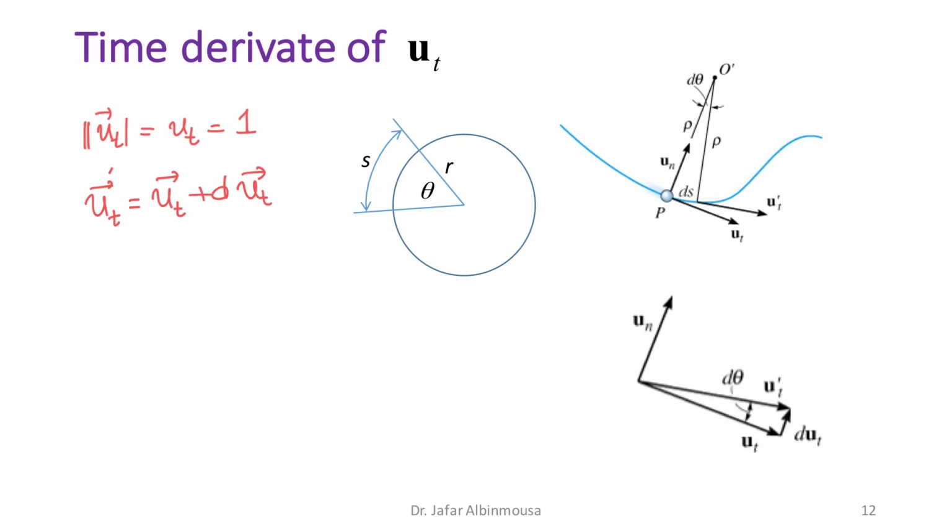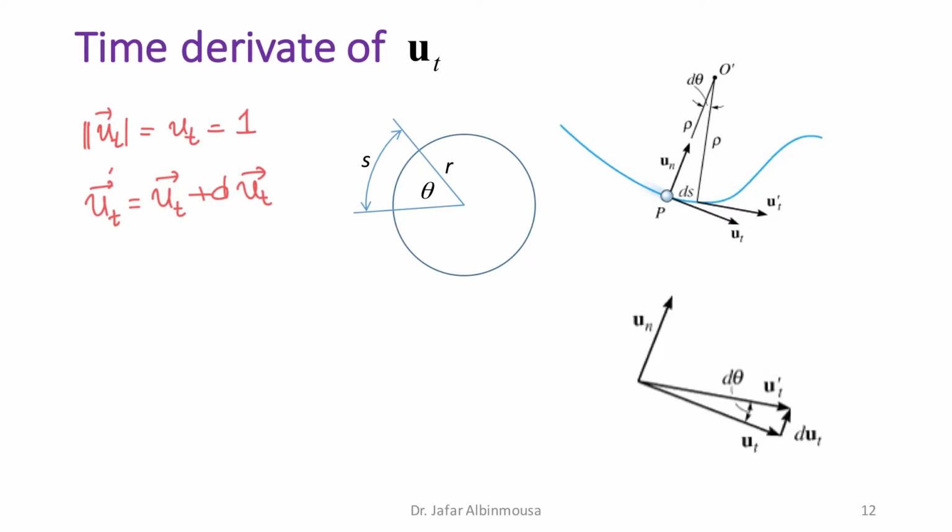So, looking at what we did, we said that this unit vector is equal to this vector plus this. This is how we add vectors.